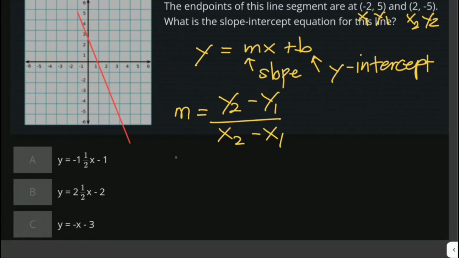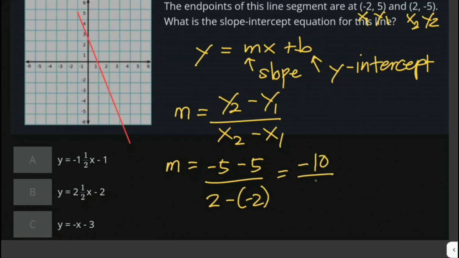And we can just plug in the values here. So that would be -5 minus 5 over 2 minus -2. So this is -10 over 4. Then we can further reduce this because they're both divisible by 2. So this is just -5 over 2. And now we already have the value of our slope, which is equal to -5 over 2.